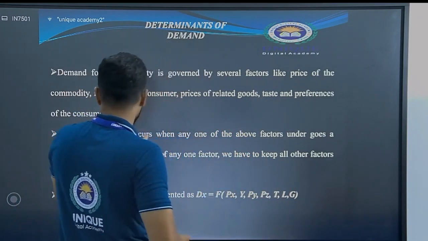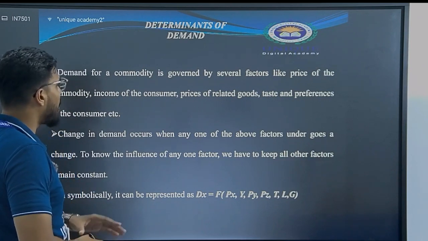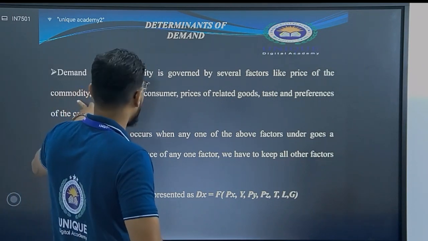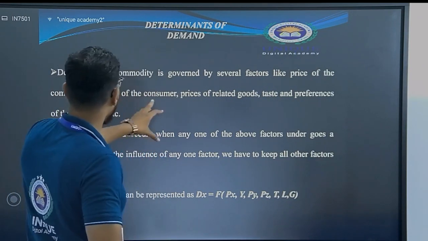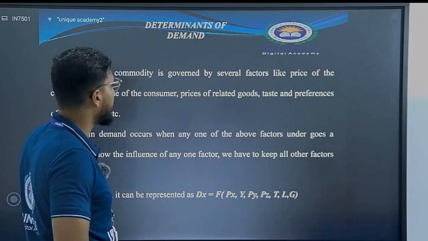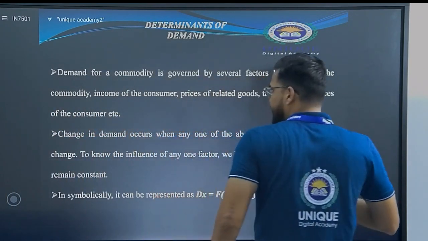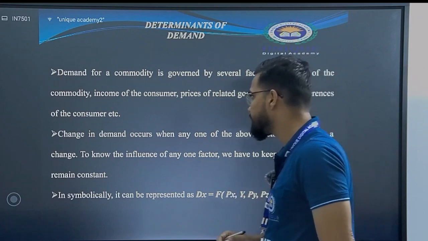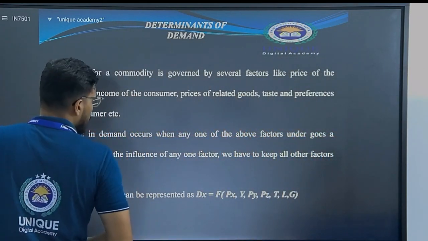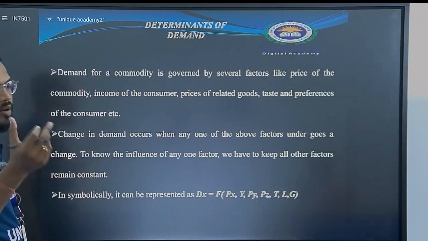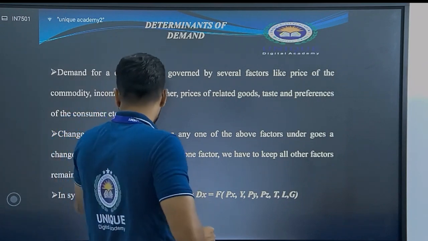So, change in demand occurs when any one of the above factors, that is price of the commodity, income of the consumer, price of related goods, taste and preferences, climatic conditions, government policy, or population, undergoes a change.